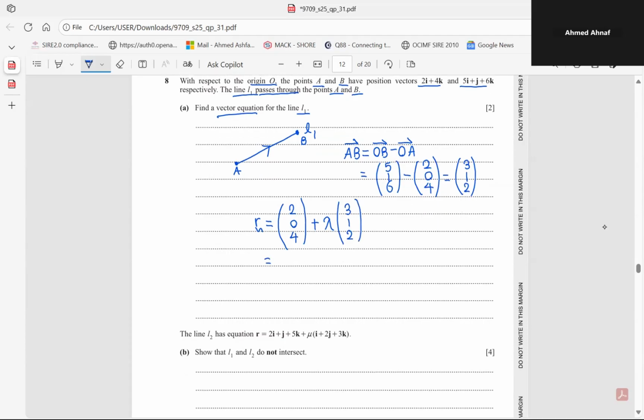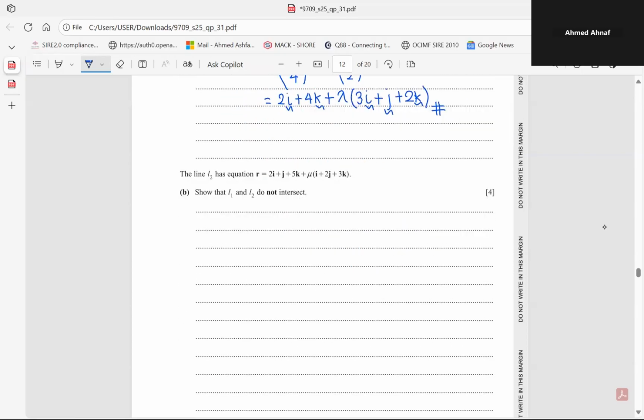Just to be safe, write it down in ijk form: 2i plus 4k plus lambda times (3i plus j plus 2k). This would be our final answer for this question. Let's head on to the next question.